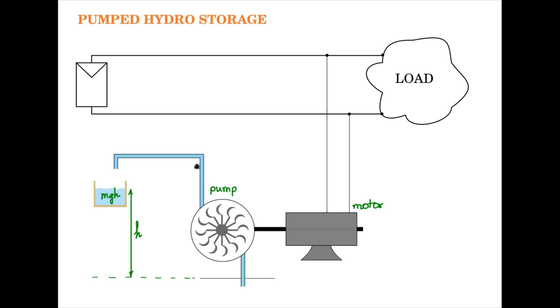Now let us look at the other mode also, when the power is needed by the load and then we need to discharge the energy through this mechanism into the load. During the time when we need to discharge the mgh energy stored here into the load, we need to have a penstock like this.